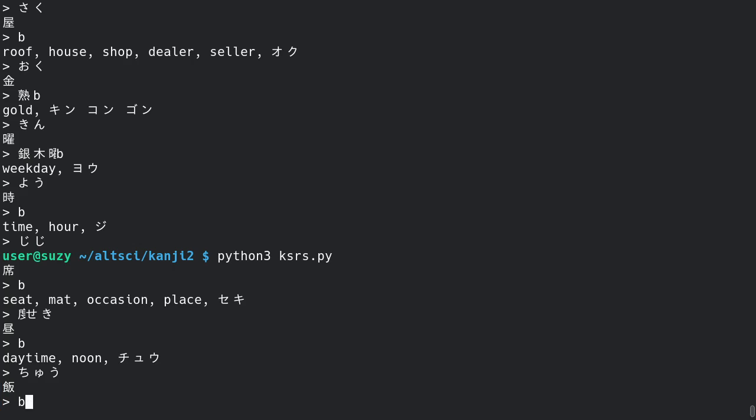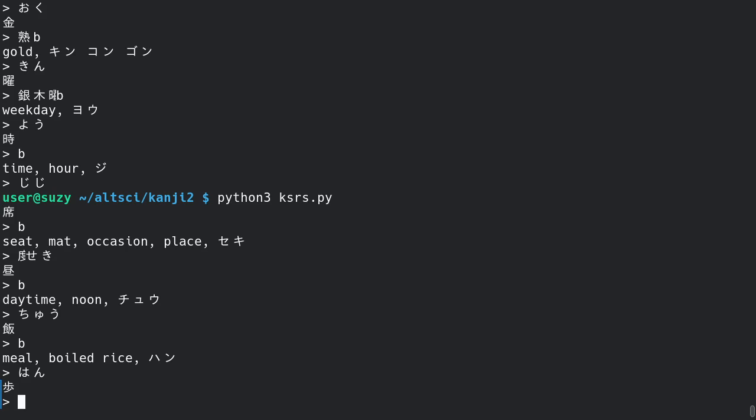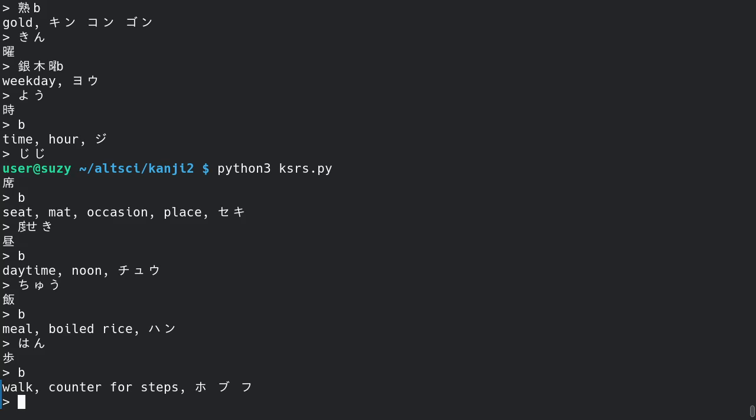So if we look at that, we can see that han is the onyomi. So meshi is kunyomi, clearly. So yeah, type in han, and that's that. And this one, I forget. Yeah, I totally forget the English translation, walk. Oh yeah.